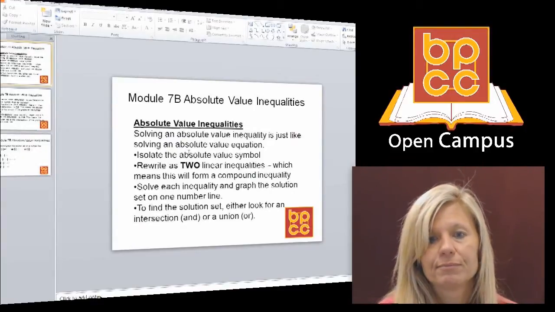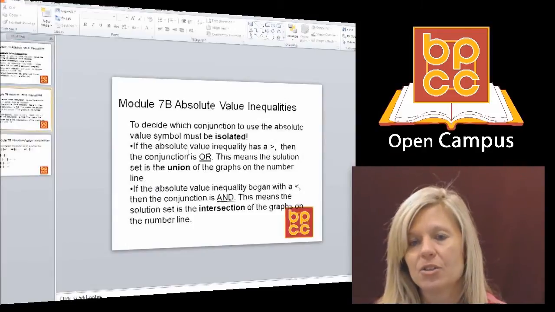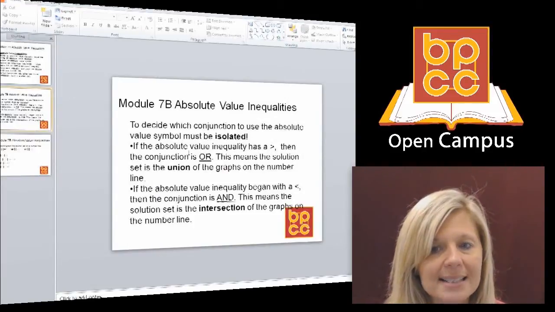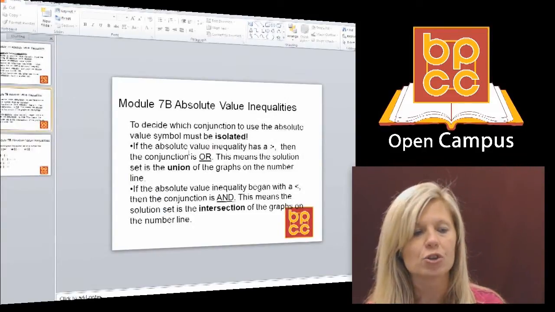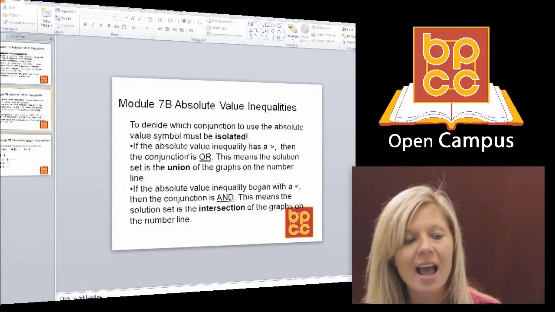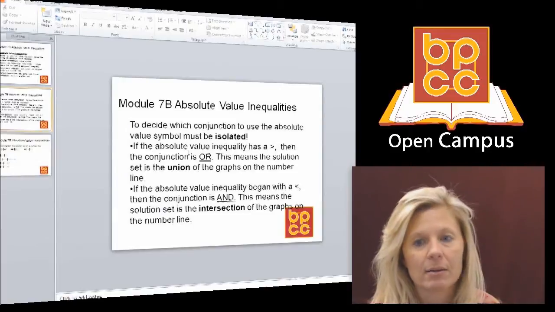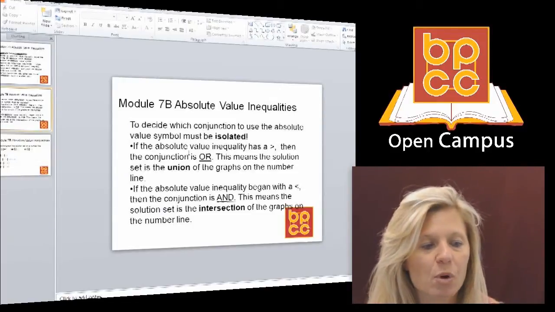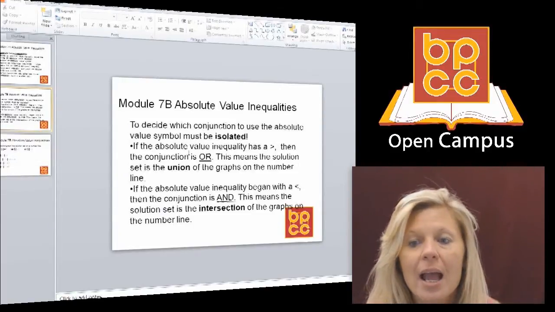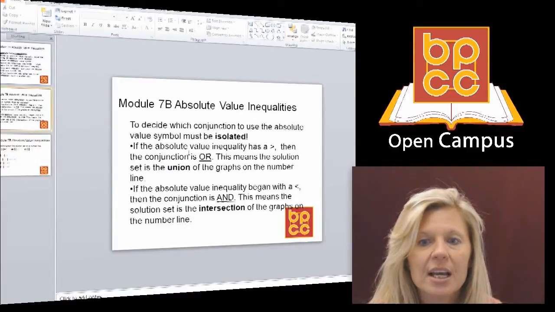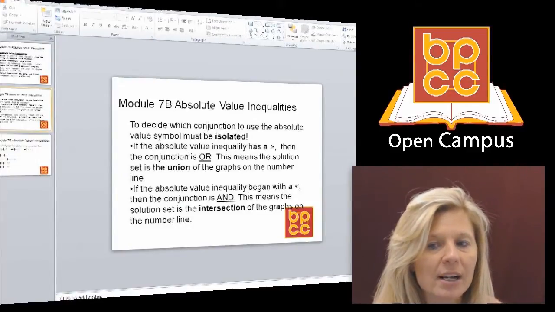So what's going to happen is once we get our absolute value isolated, before we break it up into two inequalities, we're going to have to know what the connecting word is because we're not going to see the word at the beginning. We're going to have to make the decision whether you use the word and or or. And all you got to do is memorize. If your absolute value inequality has the greater than symbol, it's an or.